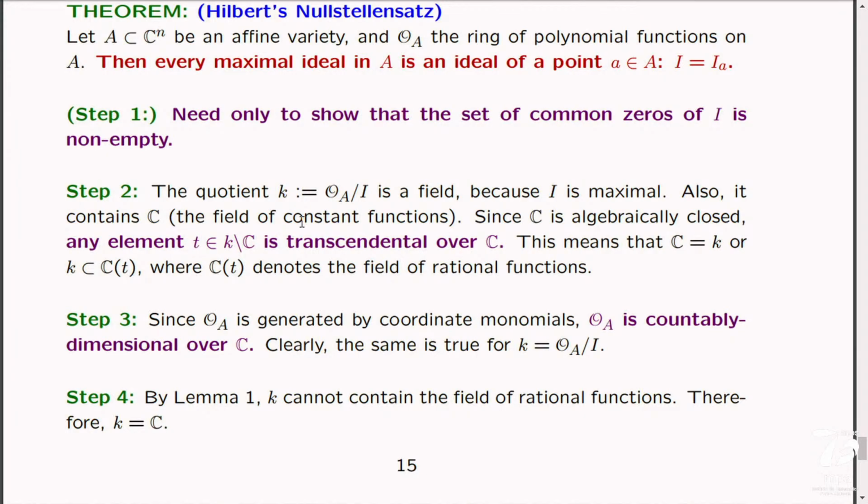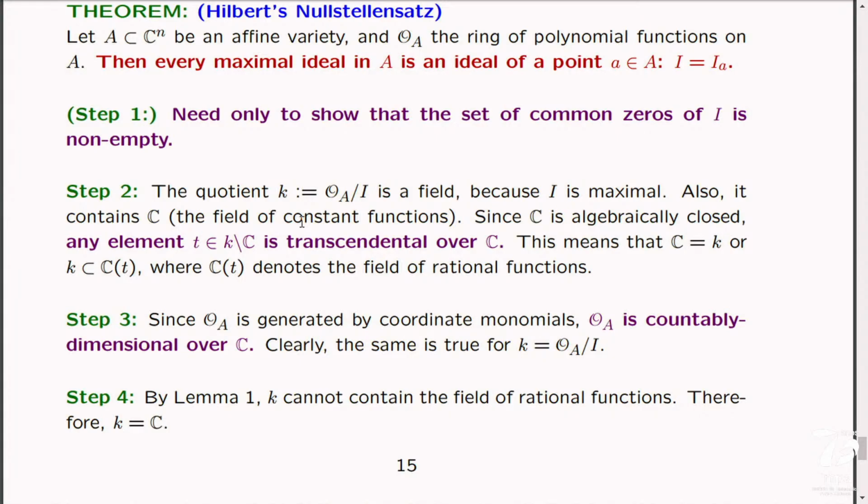The first observation is that it's enough to produce common zeros.